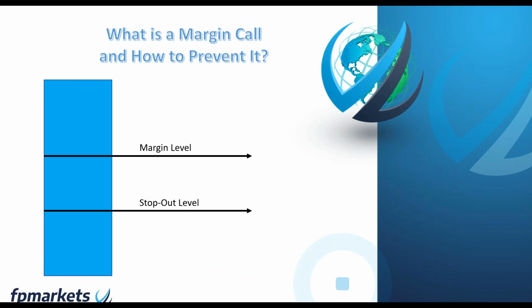So remember, as I said, as long as our equity level remains above margin, our used margin, we will not receive what's known as a margin call, which is a request from the broker to bring margin deposits up to initial margin level, also known as deposit margin, to keep existing positions open. Now, for FP Markets, I'm 95% sure they do not physically call clients, and I'm pretty sure most brokers don't do that.